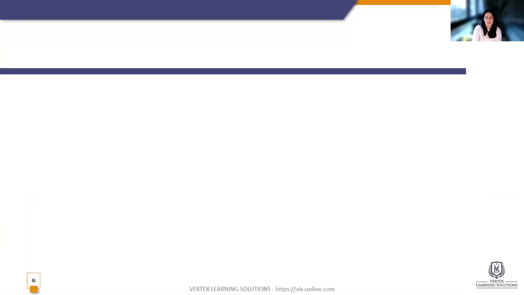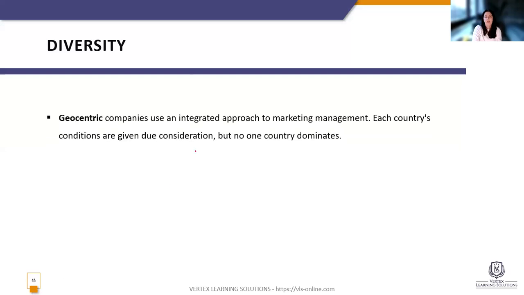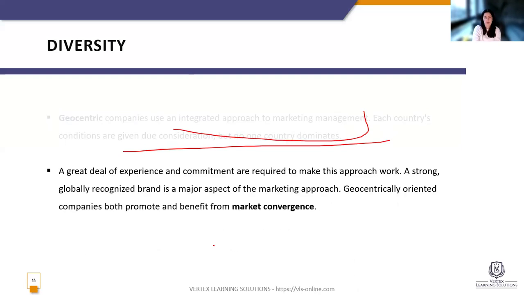Geocentric companies are going to use what we call an integrated approach to marketing management. Each country's conditions will be given due consideration, but no one country is going to dominate. In practice, it's not entirely true, because quite often the headquarter country is going to dominate, because that is where the research and development and marketing team is located.